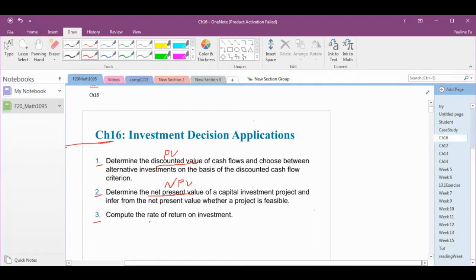Session 3 will calculate the rate of return on investment. We usually use IRR, rate of return, sometimes also referred to as internal rate of return. Okay, so that is 3 sections.